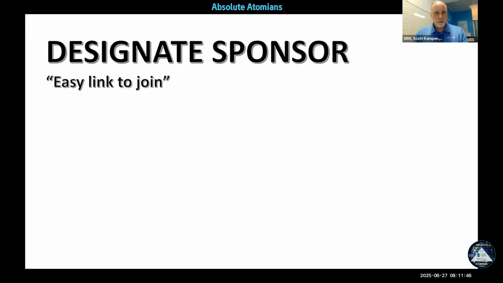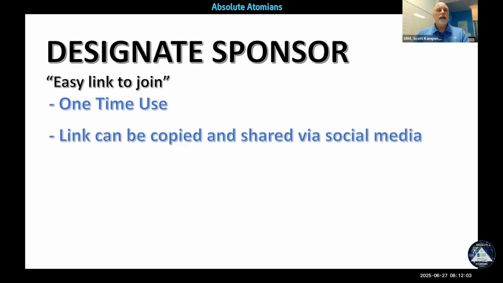The designate sponsor, the easy link to join, is a one-time use link. You can use it one time and then you have to generate a new link and then use that again. The link can be copied and shared via social media.